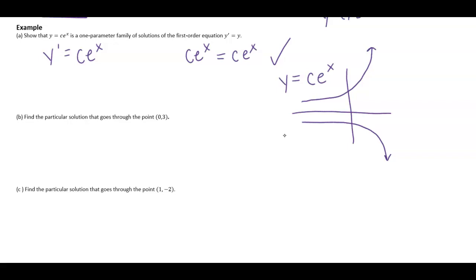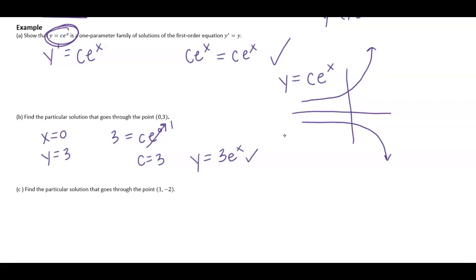So what I'm going to do is when x equals 0, y equals 3, that's going to go into my solution curve. e to the 0 is 1, so c must be 3. And if you do know things about exponential functions, it makes sense that if my exponential function has a y-intercept of 3, that 3 would be the constant in front.